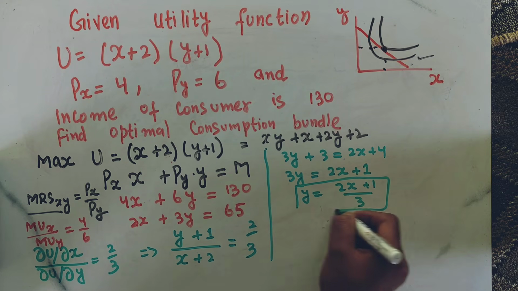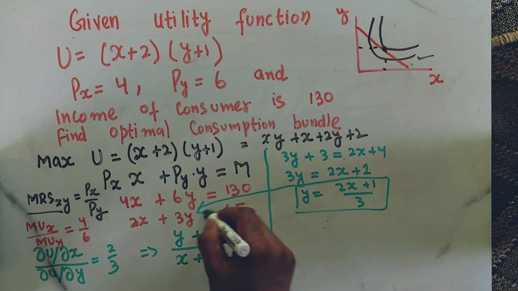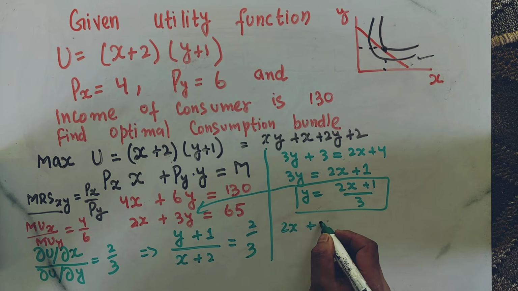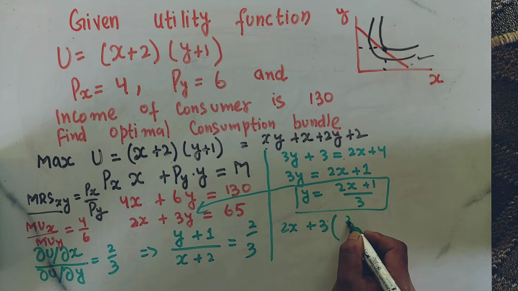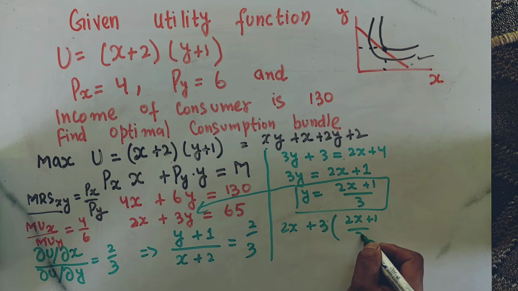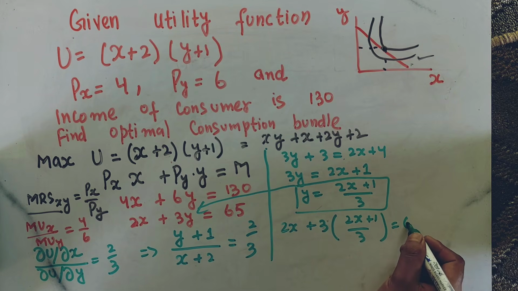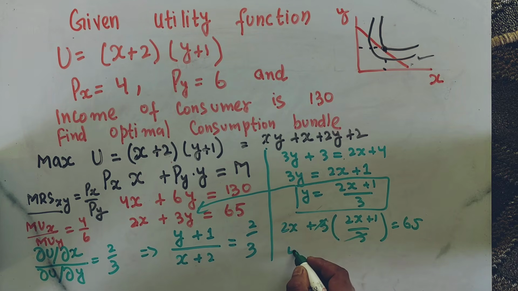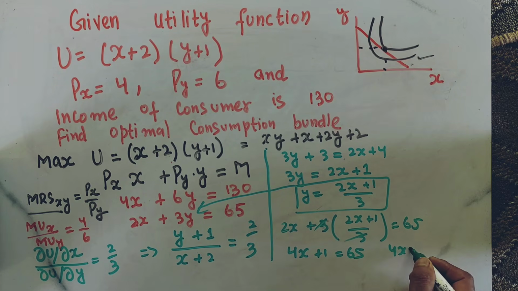Now we plug this value into the budget constraint, so we get 2x plus 3 times (2x plus 1 upon 3) should be equal to the income of the consumer. The 3 and 3 get cancelled, so we have 2x plus 2x plus 1, so we get 4x plus 1 is equal to 65, which gives us 4x is equal to 64. Transpose it here, it gets subtracted.